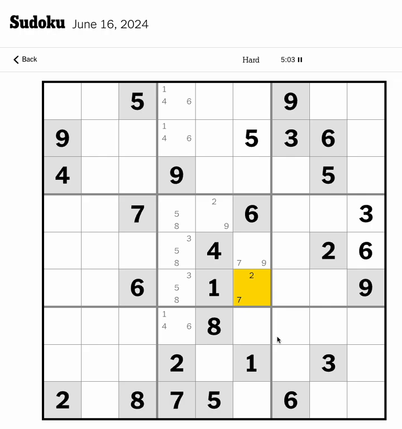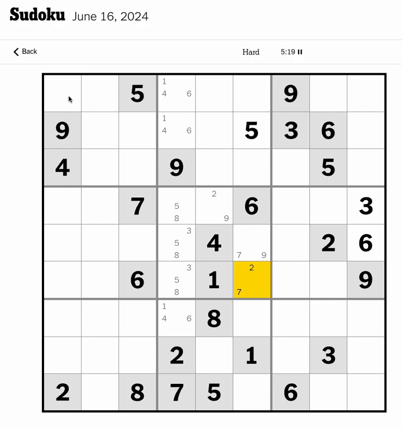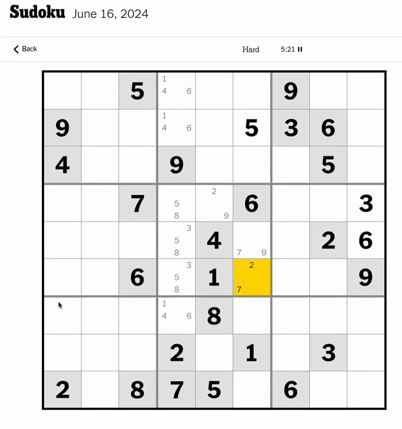And the next step is totally different, and it has been there from the beginning. Let's look at box 4, and then also column 1, which is this one, and row 5, which is this one. So in row 5 there are 2 and 4, which will block these 3 cells.